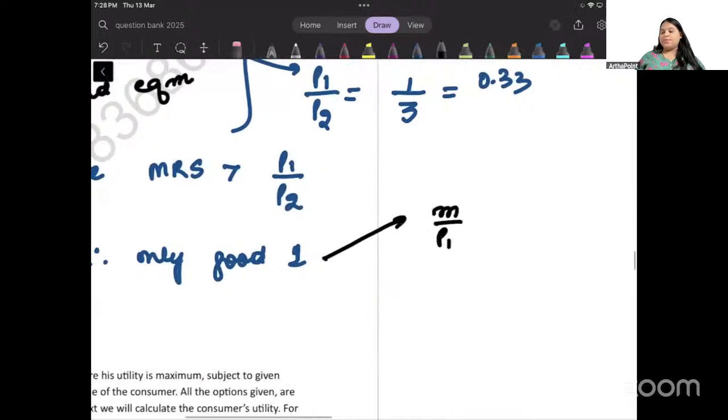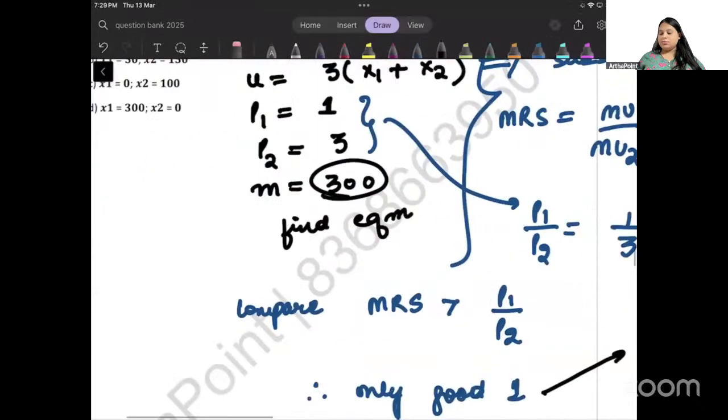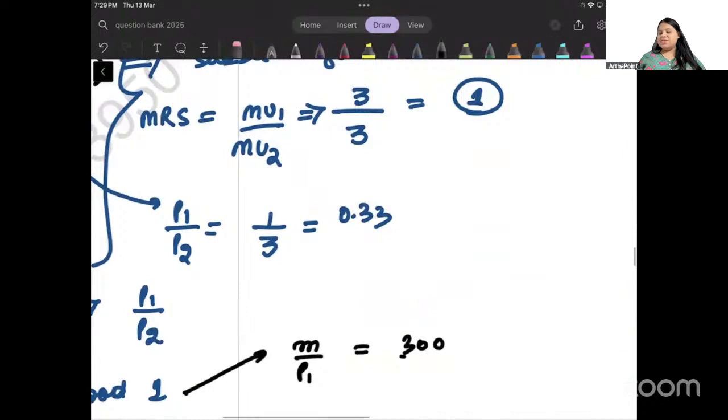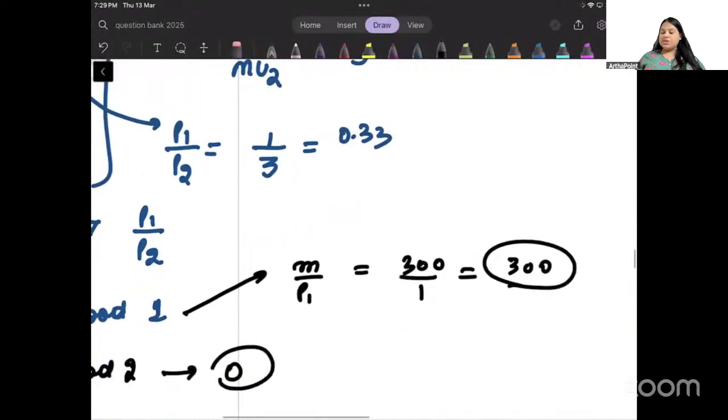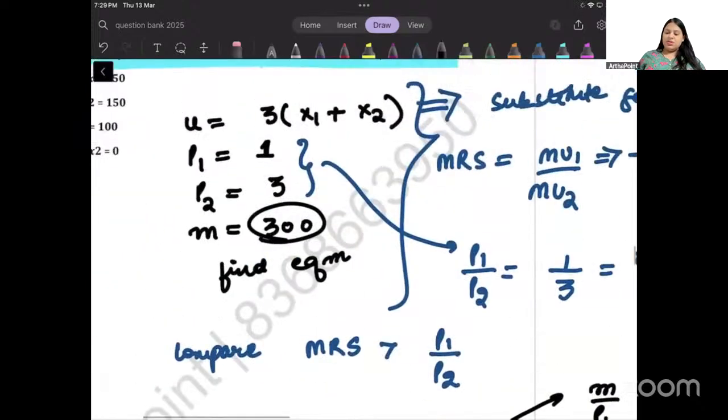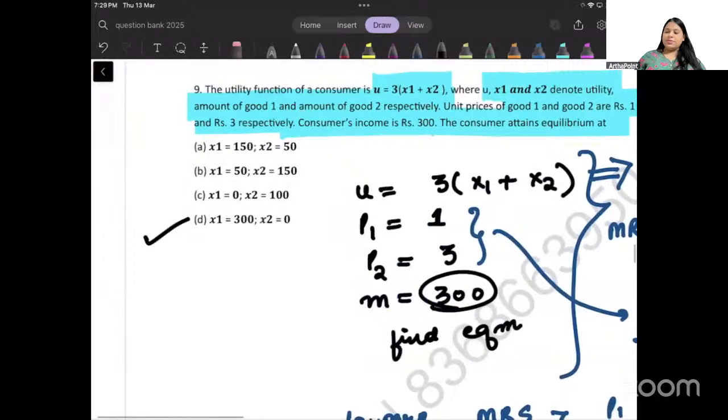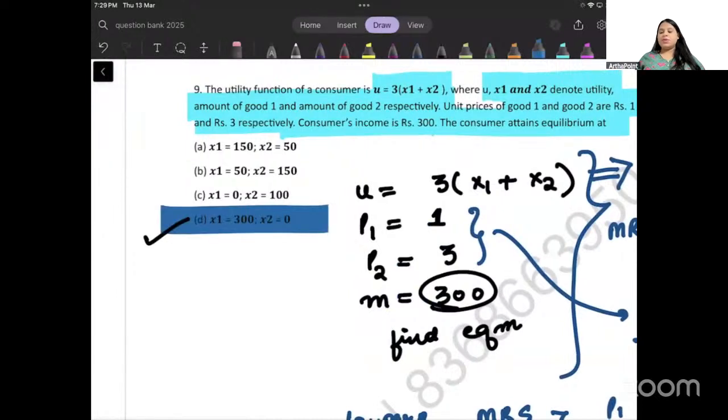M by P1. And what will be consumption of good 2? 0 units. You are given income is 300. Price is 1. So 300. So it will be 300, 0. So answer will be D. 300, 0.